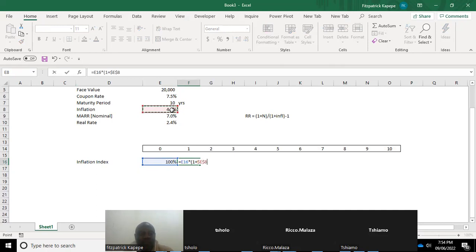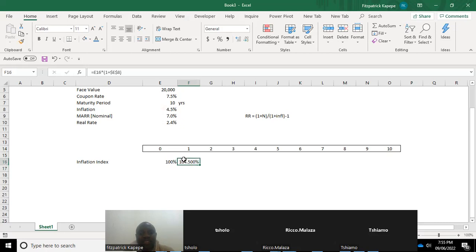Please lock this cell by putting two dollar signs, one before the column and another before the row, so that it doesn't move. If your laptop is okay, you can use the F4 key as a shortcut. If it doesn't work, use Shift F4.